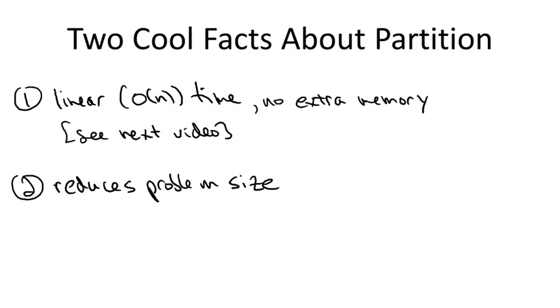So what I owe you is this implementation. How do we actually satisfy the partitioning property, stuff to the left of the pivot smaller than it, stuff to the right of the pivot bigger than it, in linear time and in place? Well, first let's observe that if we didn't care about the in-place requirement, if we were happy to just allocate a second array and copy stuff over, it would actually be pretty easy to implement a partitioning subroutine in linear time.